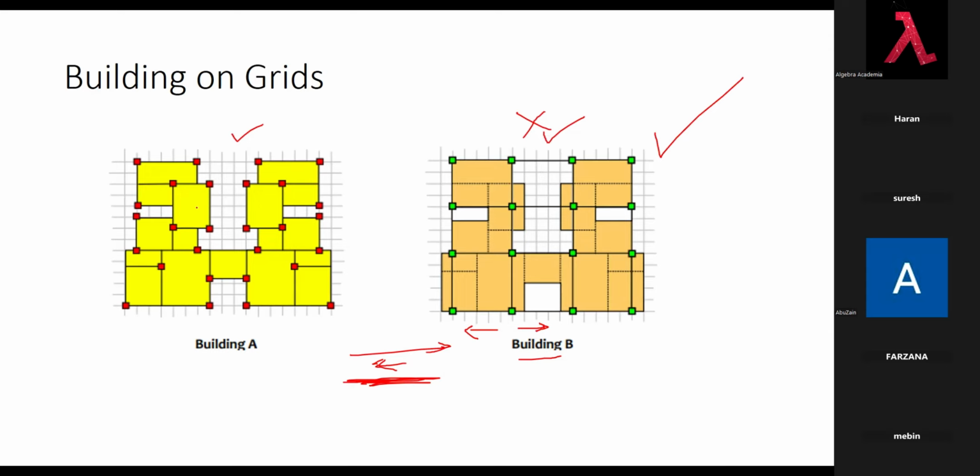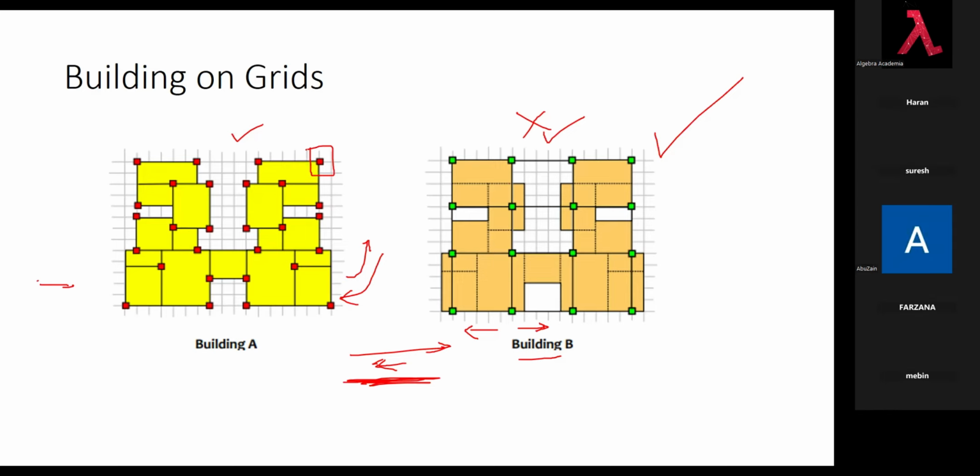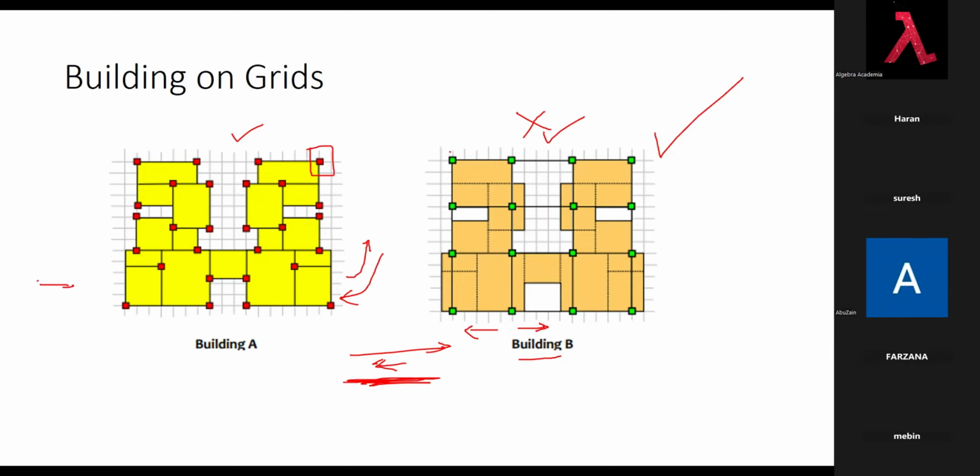But in this building, even when stiffness and masses are the same, because of the off-grid columns, the building will undergo torsional effect. So when designing the columns, you need to provide more reinforcement considering the torsional effect, whereas in this case you don't need to increase the reinforcement or the column size.